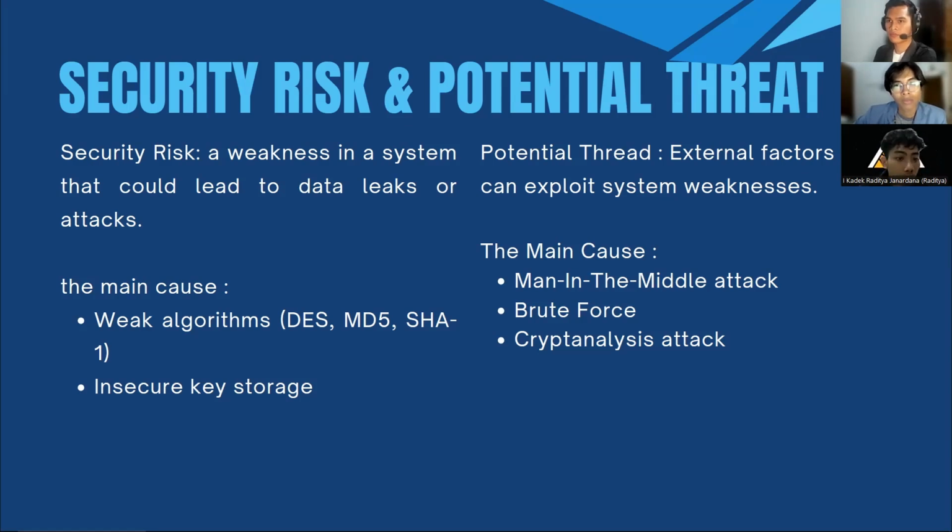Cryptographic algorithms are used to secure data by encrypting sensitive information. However, some older algorithms are now considered weak and vulnerable due to advance in computing power and cryptanalysis technique, like DES, MD5, and SHA1.